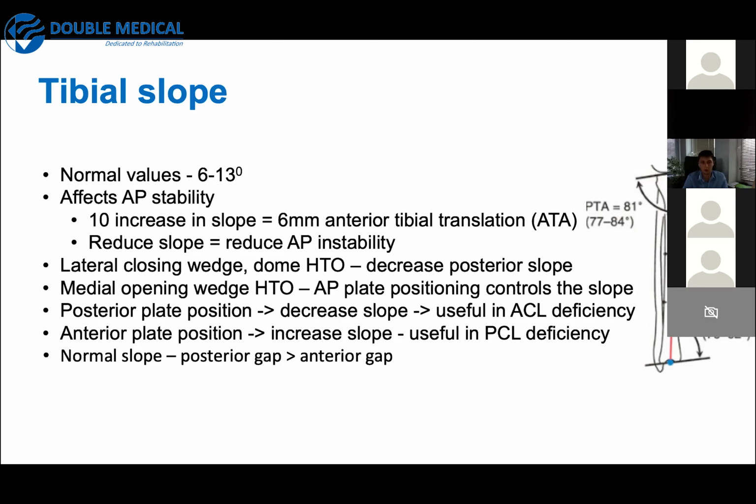And the slope can be corrected by plate position, so we can put it anteriorly or posteriorly. We also should remember, if we want to preserve a normal slope, the anterior gap is twice as small as the posterior gap.